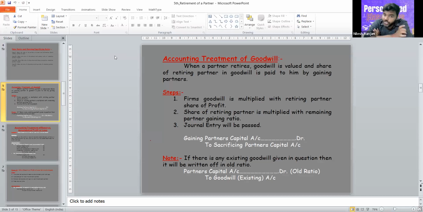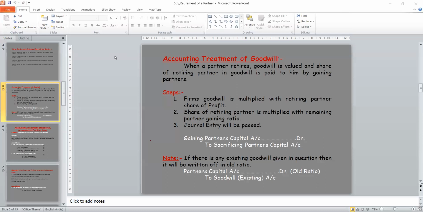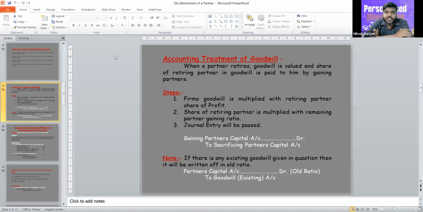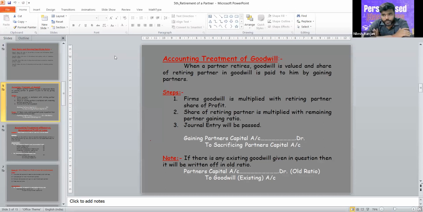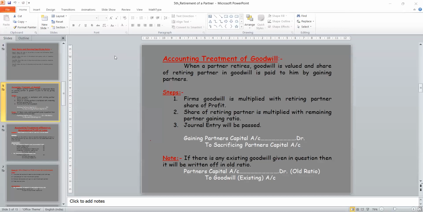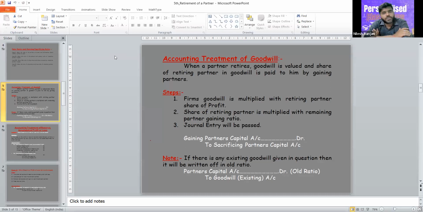After that, the share of the retiring partner is multiplied with the remaining partners' gaining ratio, and a journal entry will be passed: gaining partners' capital accounts debit to sacrificing partners' capital accounts. This is our normal valued goodwill.